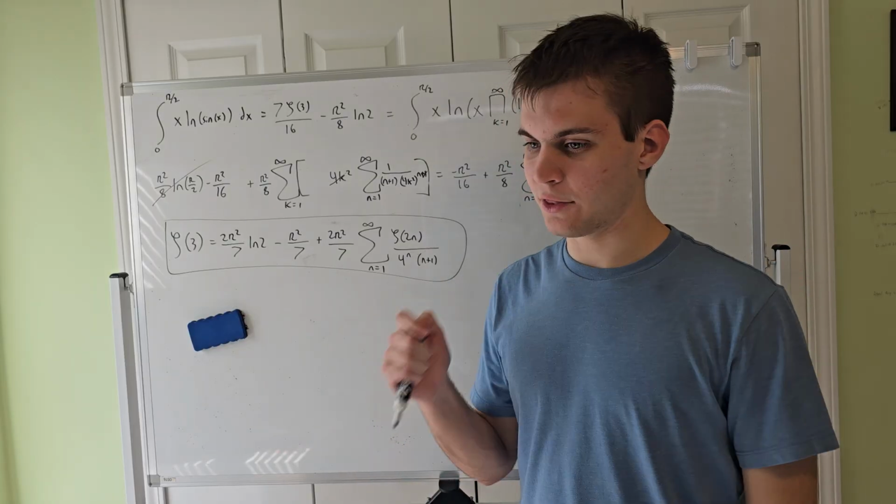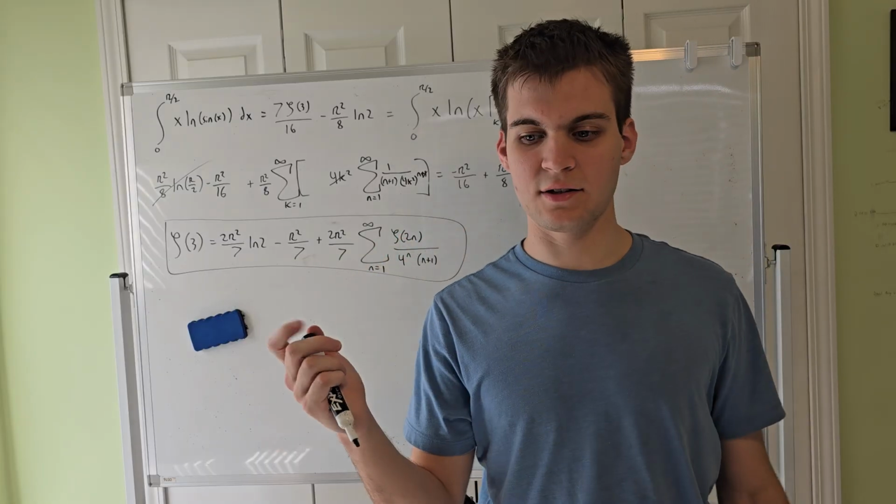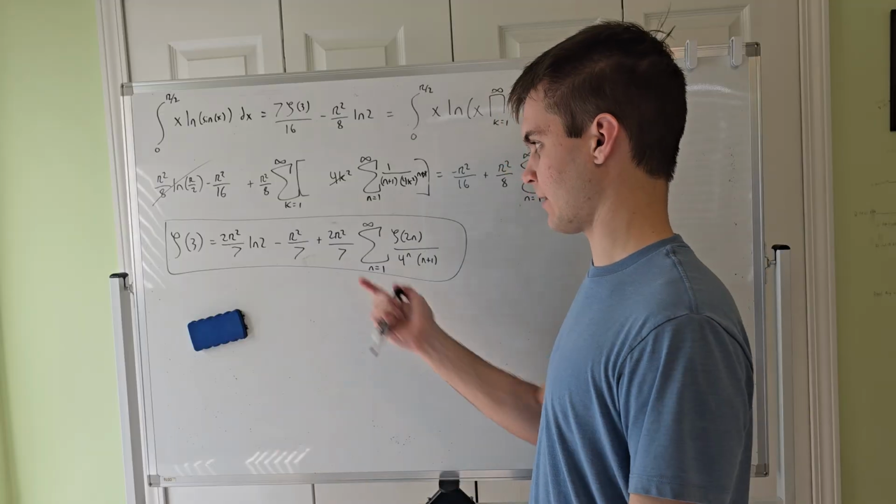So that makes me think that whatever this zeta 2n term contributes in this infinite series is going to be just some rational number, or probably not anything to do with pi.